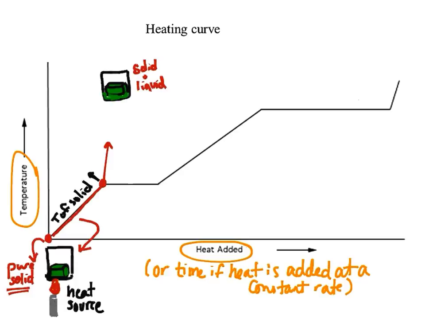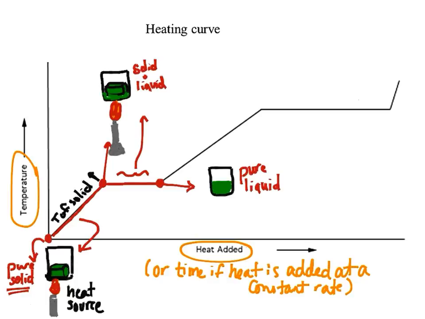And you have solid and liquid present in the same beaker, and that is true throughout that flat portion of the curve that I'm showing you there. So that entire flat part, you have solid and liquid present together. That line represents melting. At the end of the flat part, you have 100% liquid, and that's true during the entire sloped portion that follows.